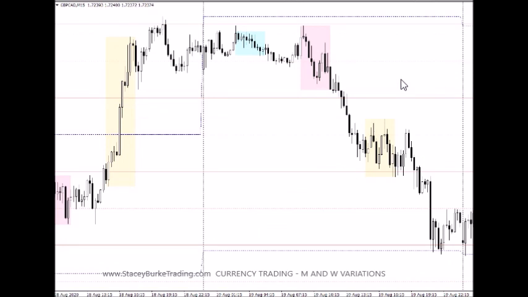This is a great example of how you can get variations of these patterns. We're looking at the pound Canadian, and we had our Asia session high and low. Market at the beginning of the Europe 12 candle window hits the high, but then all of a sudden breaks down through the low. So we break out and then we come back 1, 2, 3 engulfment, and then the market gives a bull pin hammer underneath that peak formation.